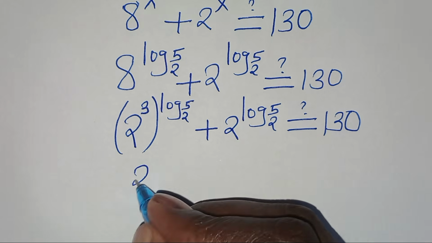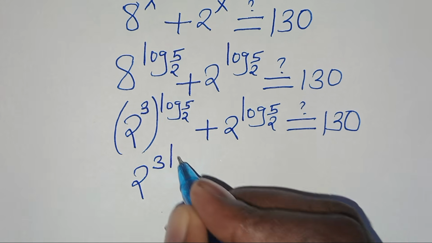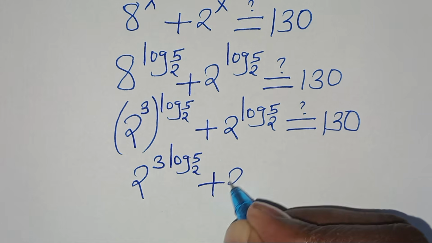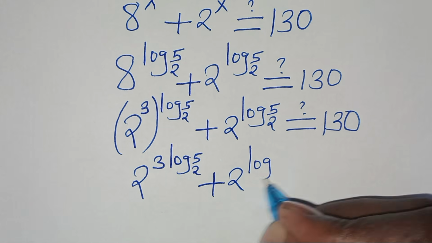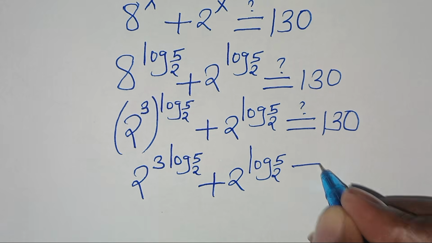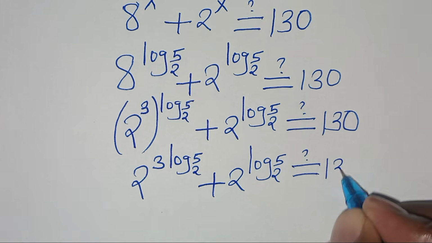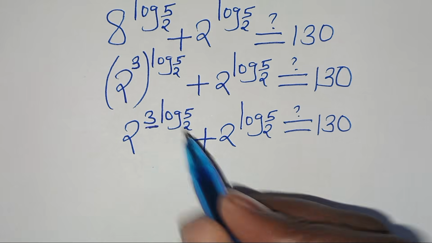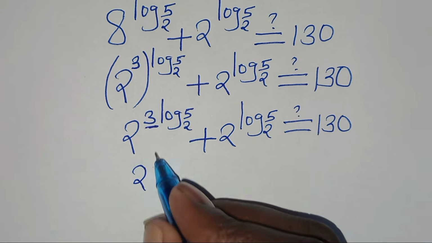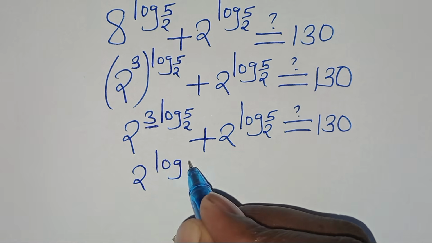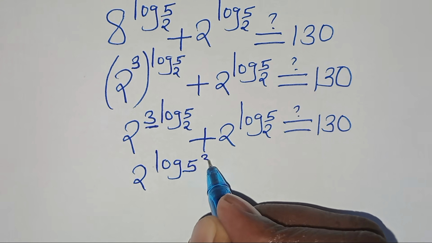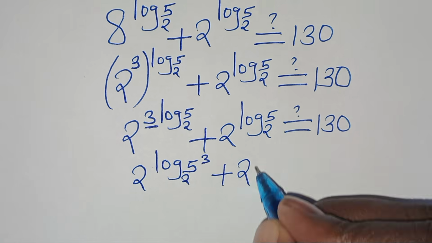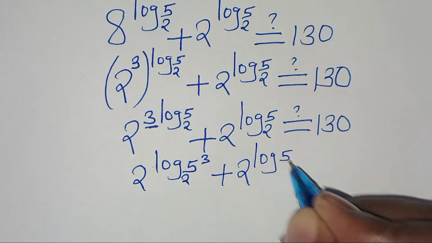So this is 2 raised to the power of 3 log 5 to base 2, then plus 2 raised to the power of log 5 to base 2. This should give us a value of 130. Now, since 3 is a power, we can express this as 2 raised to the power of log 5 raised to the power of 3, then to base 2, plus 2 raised to the power of log 5 to base 2.